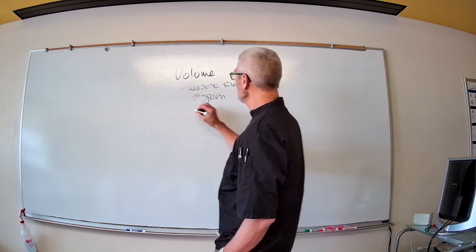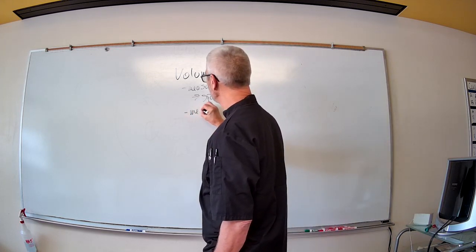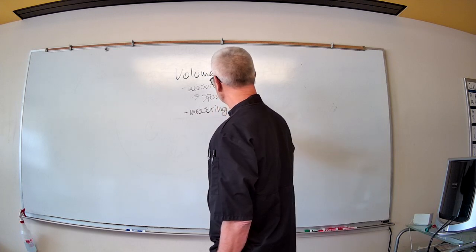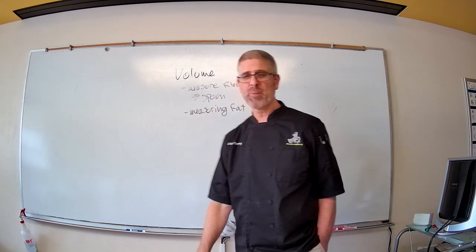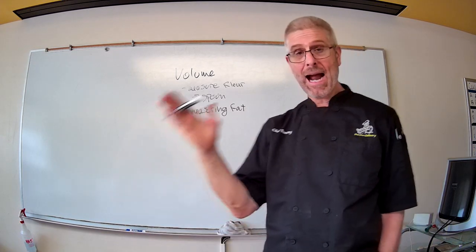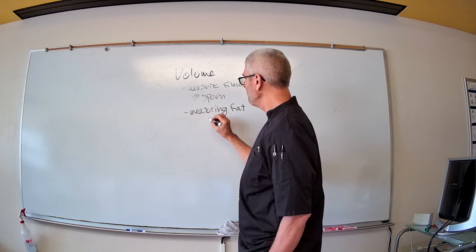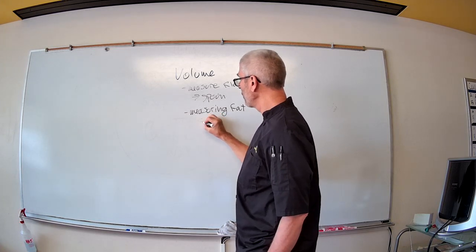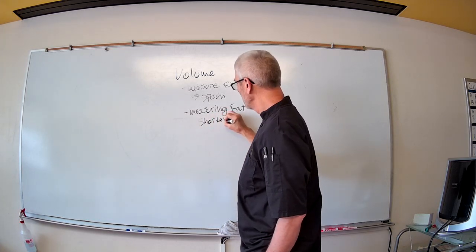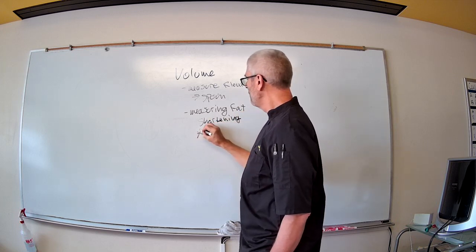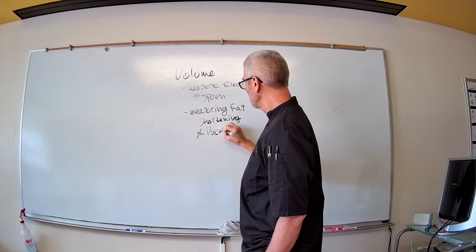Okay, when you're measuring some kind of fat, sometimes you do this with butter, not very often because we already have that in our sticks. But usually we're measuring some kind of fat. Let's say we're measuring shortening. Okay, you pack it down.